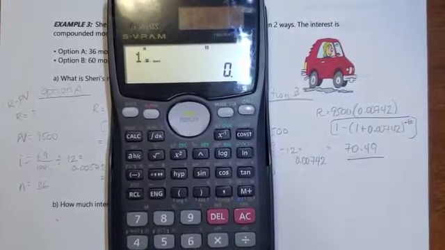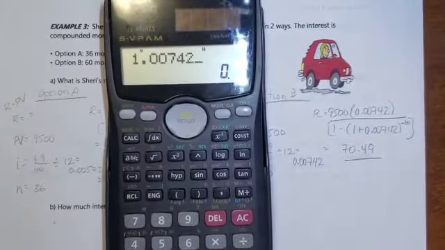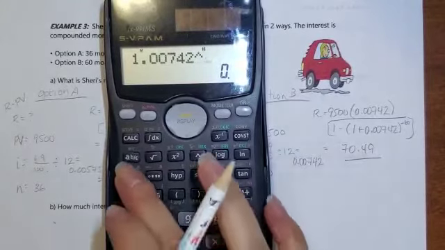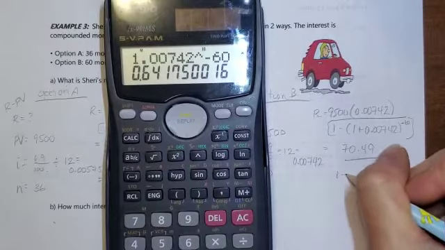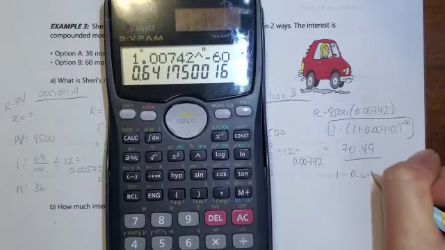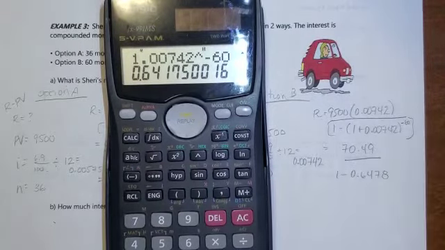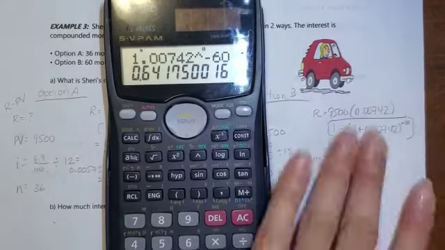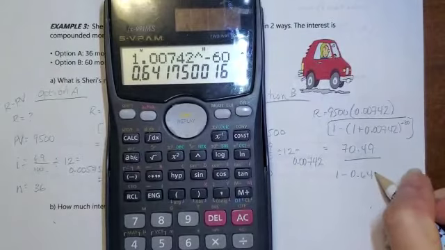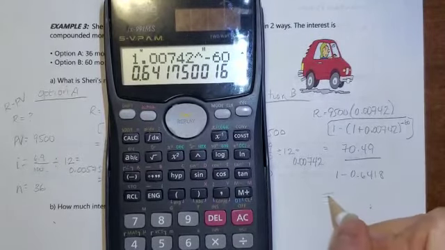So that would be 1.00742 to the exponent negative 60, which is 0.6418. There we go.